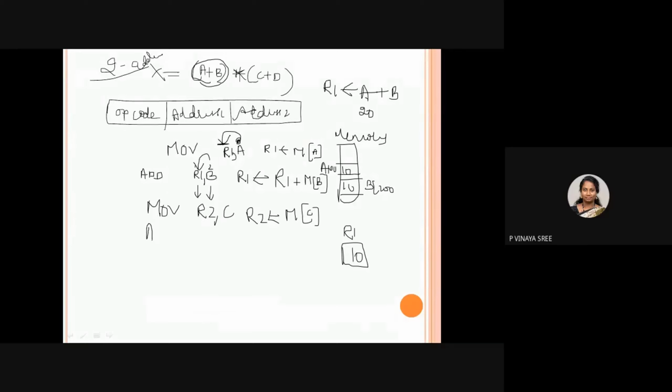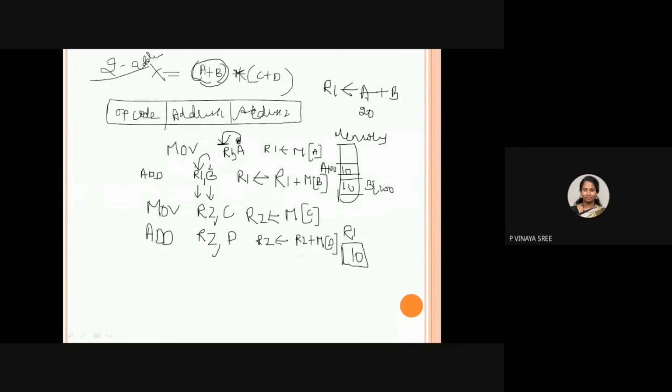Then we have to perform add. Can anyone tell me? Add R2 comma, what will we get? D. Yes, D. So in R2 we have C, so R2 plus the memory location M of D. Both will be added and the result will be stored in R2.